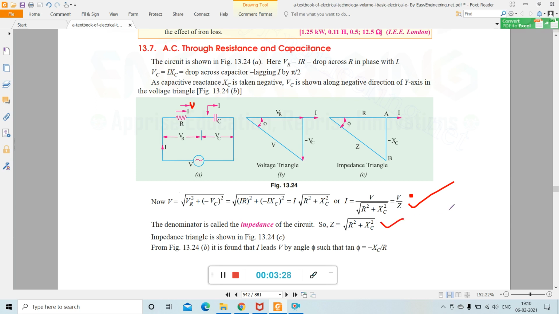So this Z is the impedance of the circuit, and Z is the square root of R square plus XC square. If we draw the impedance triangle, this is the current phasor, then here R, then XC is taken in the negative direction, and the resultant is Z, and the angle between R and Z is phi. This is the impedance triangle.